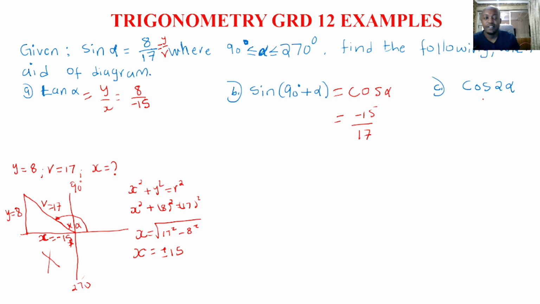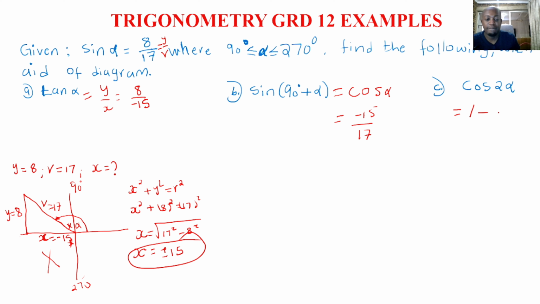This is a double angle, so we can change this to either sine or cos. In this instance, let's say for example you didn't get the value of x here, you did something wrong. It would be best for you to change this to sine, because sine is given in the question.